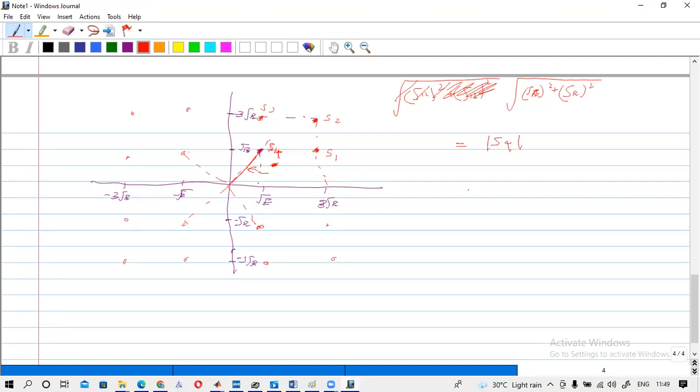If I take the square of the magnitude of S4, what is this? The energy of this symbol. Are you clear? So you have such 4 symbols. So the energy of these 4 symbols will be 4 times magnitude of S4 squared. Are you clear with this?